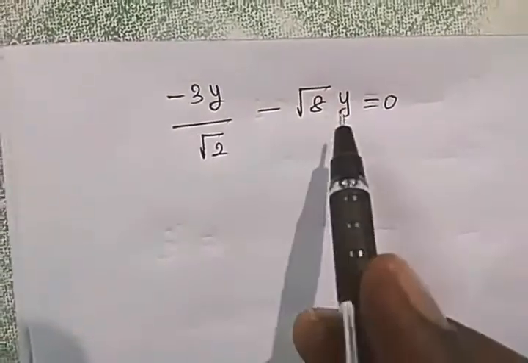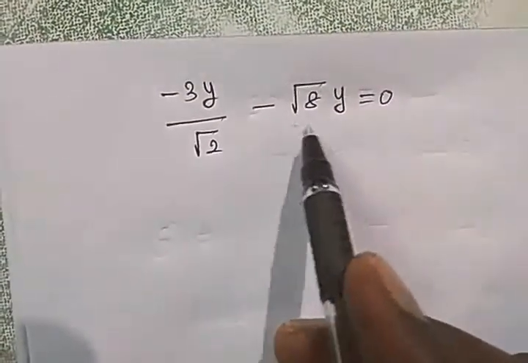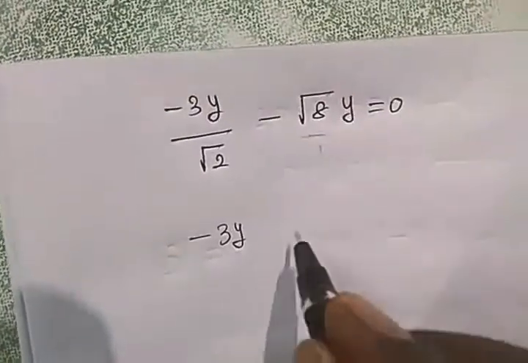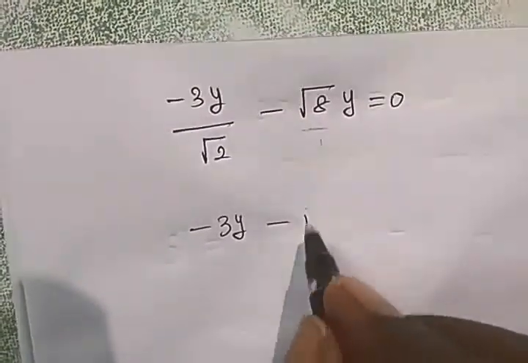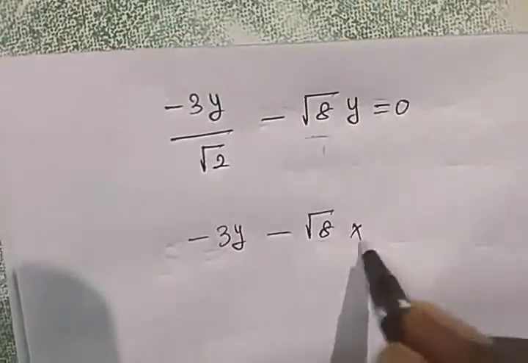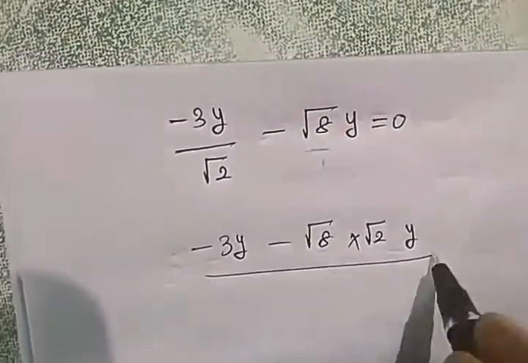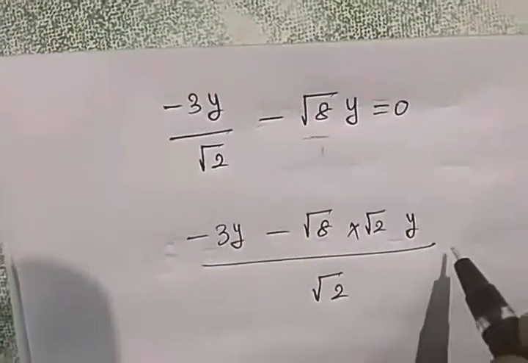Next, cross multiplication. Denominators are different; here the denominator is 1. So minus 3y minus square root of 8 into square root of 2y, divided by square root of 2, is equal to 0.